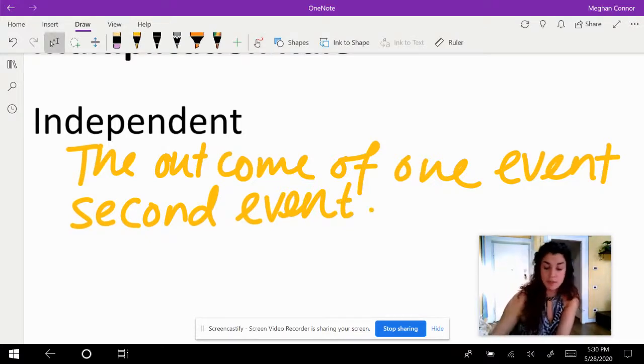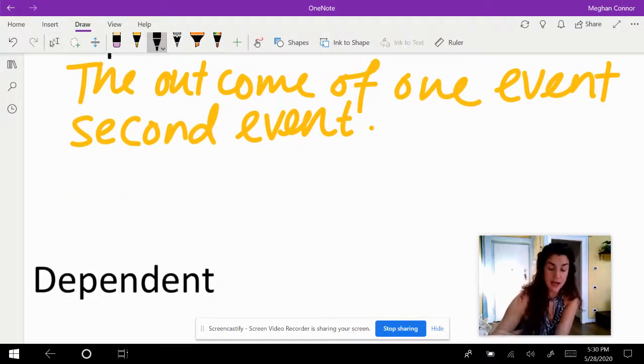The difference with the multiplication rule and the addition rule is that with the addition rule, we're looking for the word or. With the multiplication rule, we're looking for the word and.